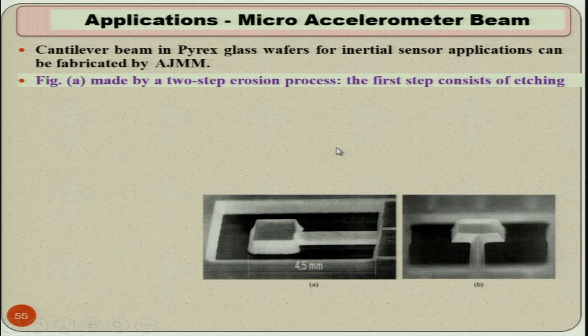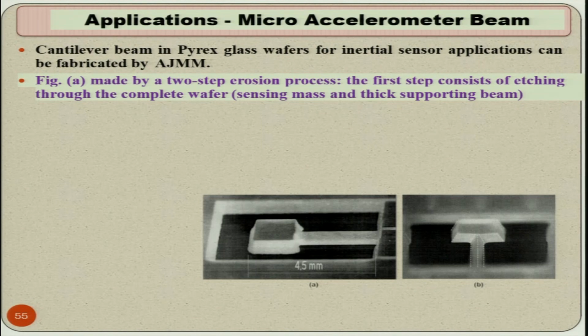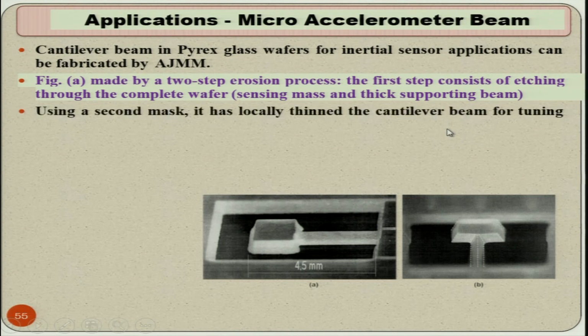Figure A is made by a 2-step erosion process. The first step consists of etching through the complete wafer, sensing mass and thick supporting beam, using a second mask. But he is saying that by using the first step, you first make this particular part like this. You can do it like this in the first step, right?